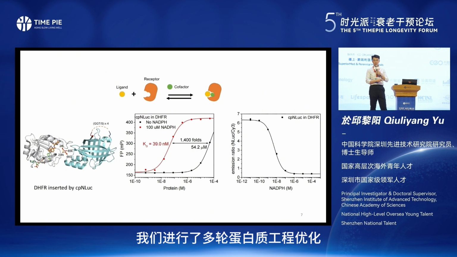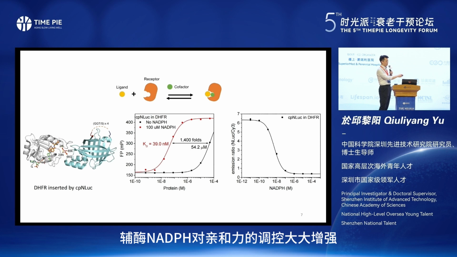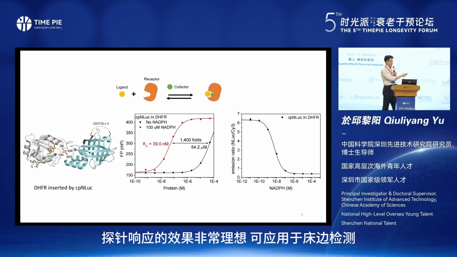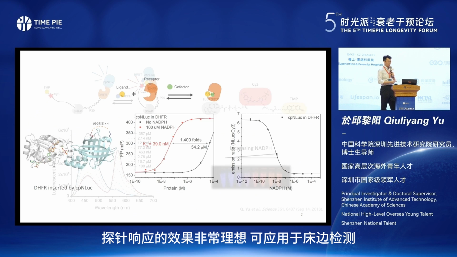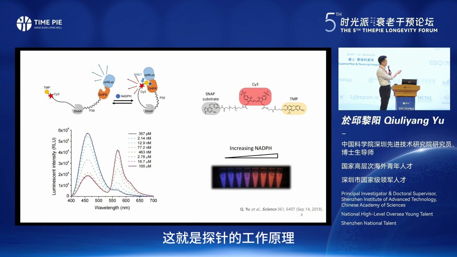We performed several rounds of protein engineering. So in the end, we ended up with DHFR inserted by luciferase, and that has a very large affinity change controlled by the NADPH. And then we have the sensor response that's very good so that we can have the point of care sensor. So this is how the sensor looked like.